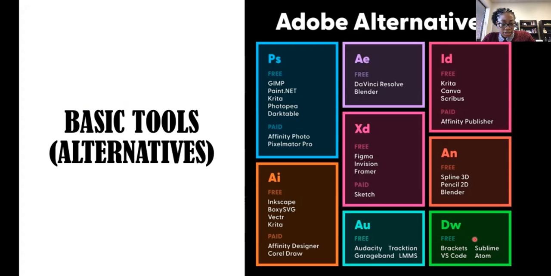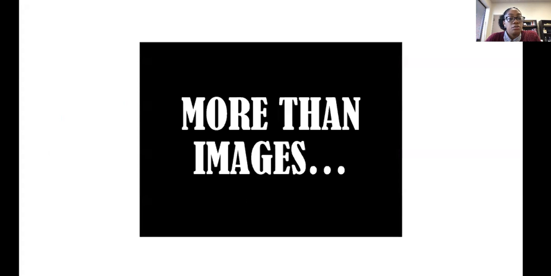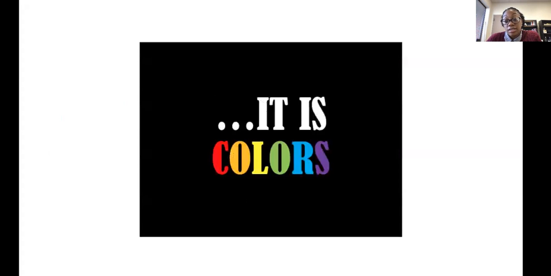And let me just look at this really quick for coding. It is one thing that I know I use a lot. I will send y'all a link about what types of coding you can use for MacBooks as well. But also remember that when it comes to visual communications, it's more than just images, it's colors.